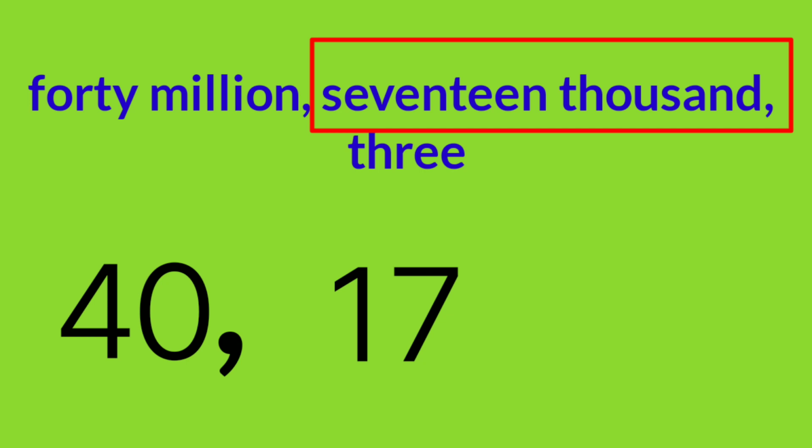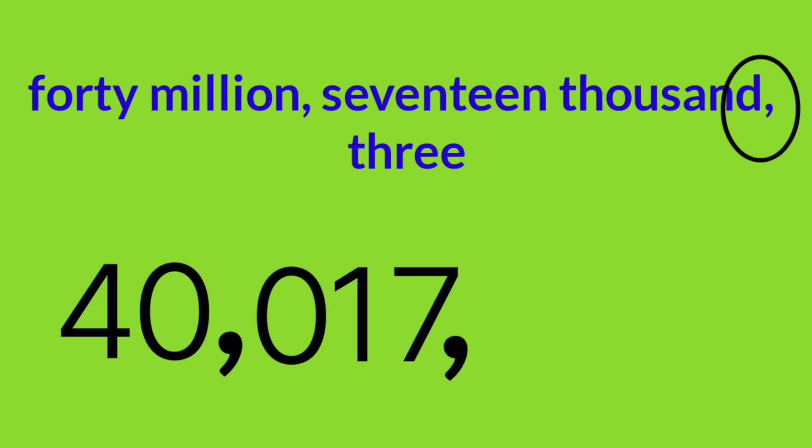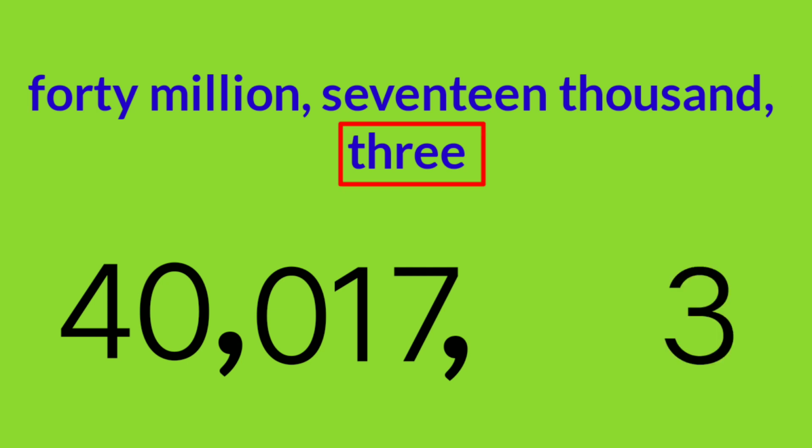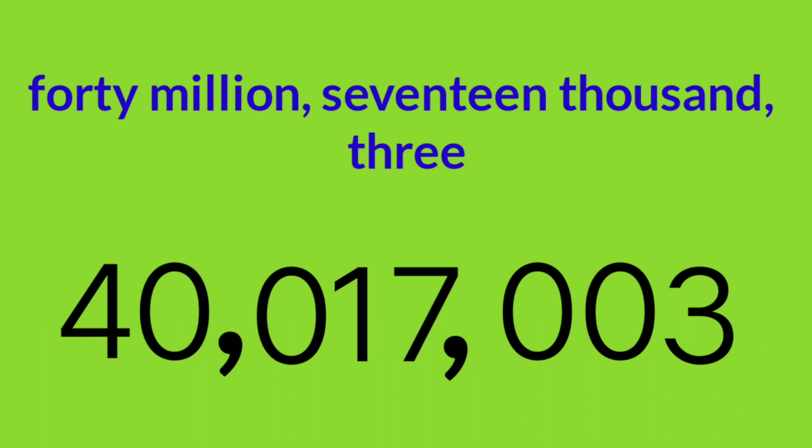As you can see, we only have 2 digits in the second period, so we have to add 0 before 17 to make it 3. Then don't forget the comma. So the last number is 3. Since it is only 1 digit, you have also to put 2 zeros to make it 3 digits. So this is how we write 40,017,003 in standard form.